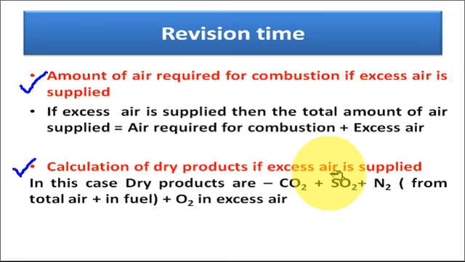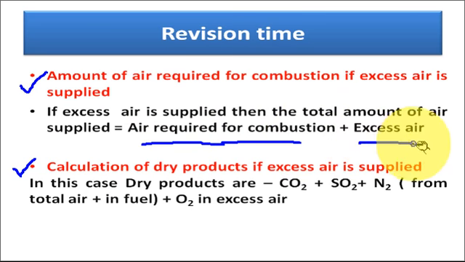We have learned that if excess air is supplied, then the total amount of air supplied is equal to the minimum air required for combustion plus excess air supplied, whatever percentage, 40%, 50%, 30%, whatever it may be. The addition of these two will be the total air supplied for combustion.